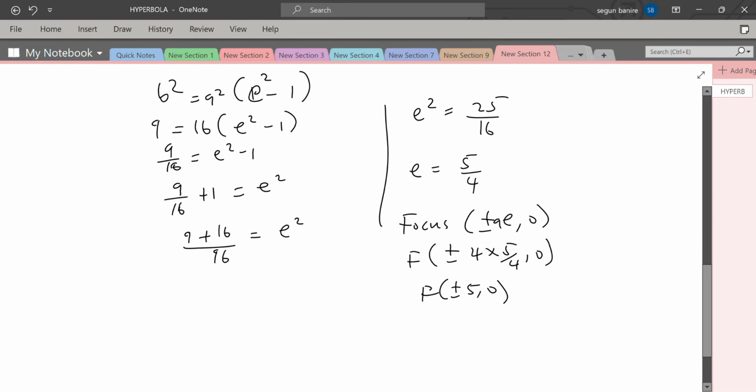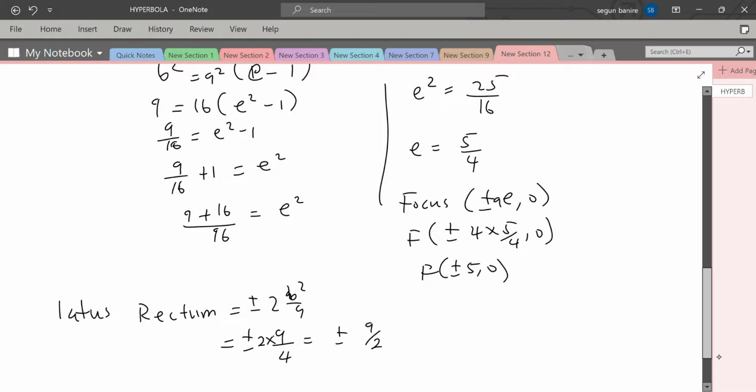What else are we looking for? The latus rectum. Just have to remember what the formula is: 2b squared over a. So b squared is 9, a is 4. You multiply it by 2, so you get plus or minus 9 over 2. So that is your latus rectum.